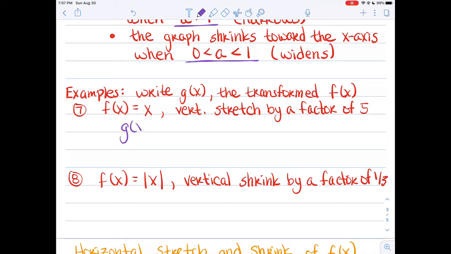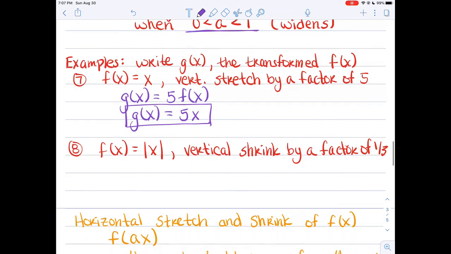Our g of x, we have a vertical stretch by 5, so we're just going to say that it's 5 times whatever f of x is. And in this case, f of x is just equal to x, so we can substitute that and say that g of x is equal to 5x. That's our linear parent function stretched by a factor of 5, so it's going to get closer to the y-axis.